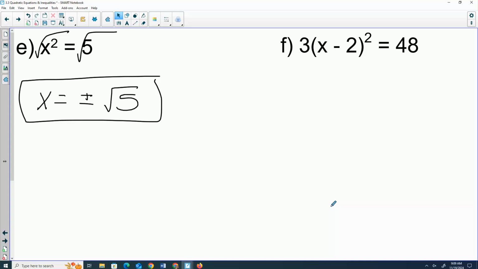Okay, let's do that then. So, by FOIL, that gives me x squared minus 2x and minus 2x is minus 4x. Negative 2 and negative 2 is positive 4. Distribute the 3.